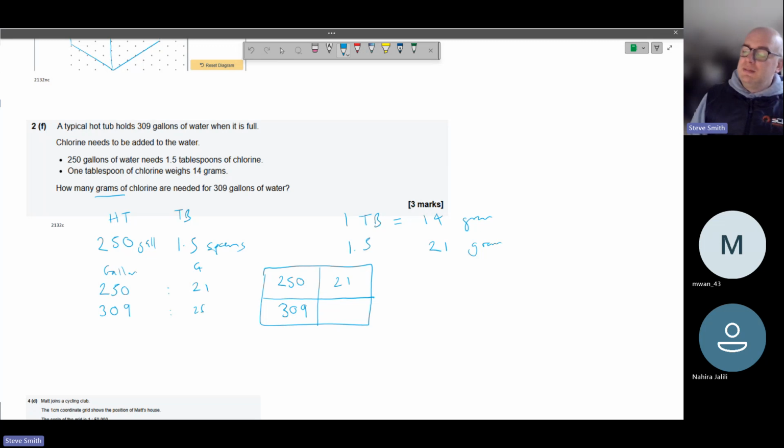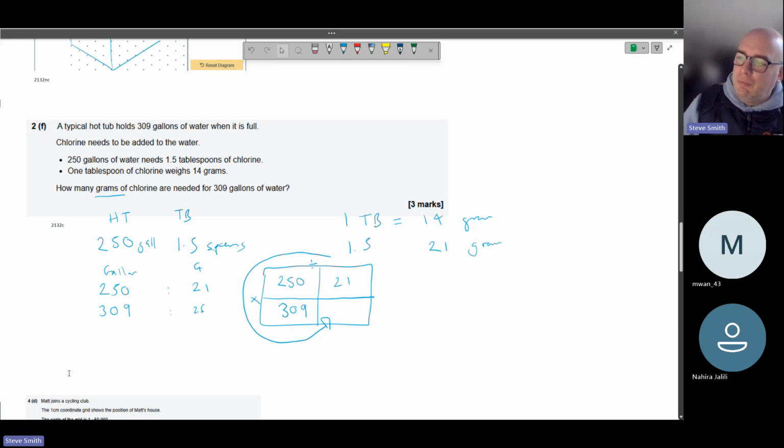So how I do this, I'm going to go this way round. It's going to equal that number here. So I'm going to go 21 divided by 250 times by 309 equals that number there. And again, that's the third way.